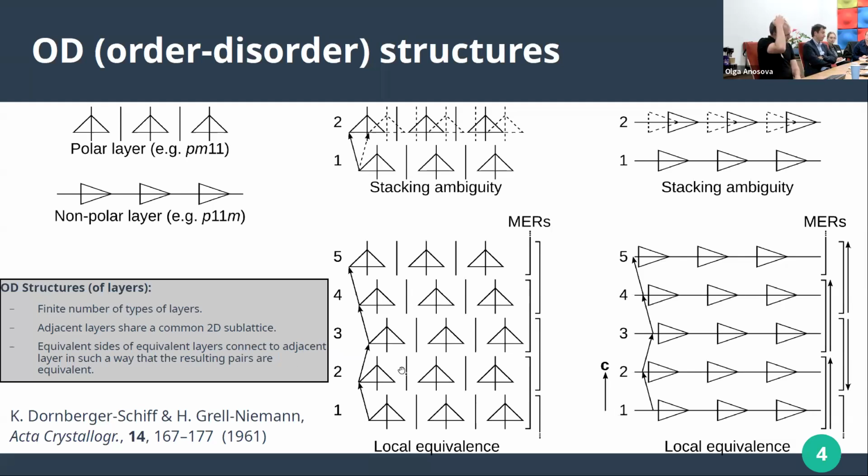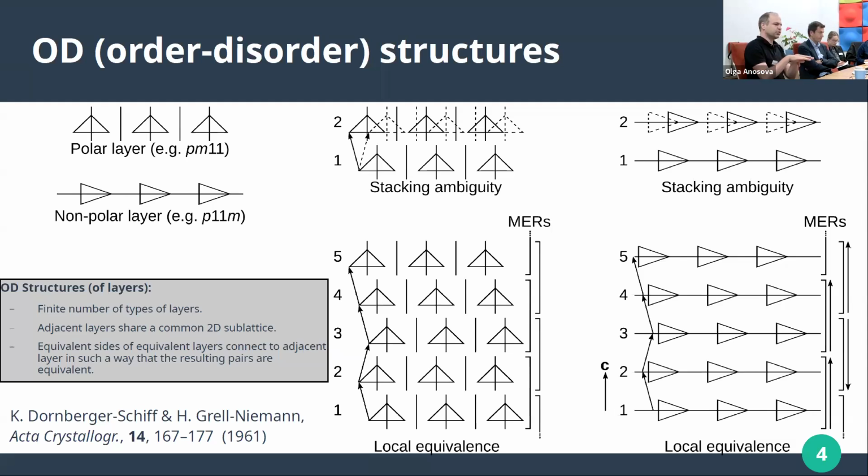What I want to propose is that, because the whole theory is always based on layers, we don't look at the layers, but look at these MERs, how you can compose them, such that the whole structure is covered by these MERs, because then in all the structures you are locally equivalent.